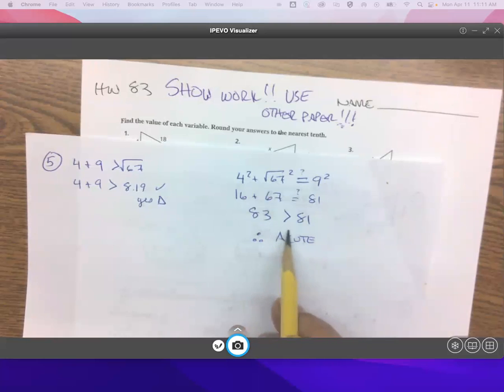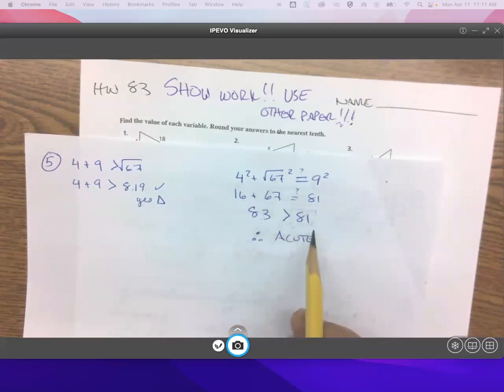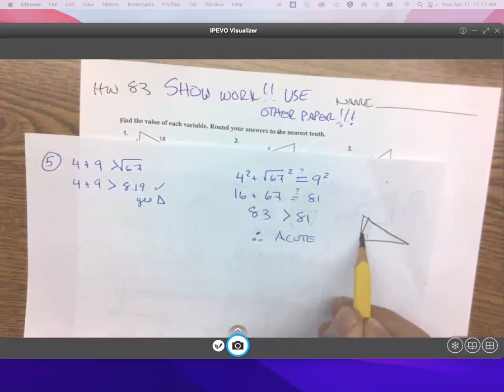And when you see that they don't match up, it's not 83 equals 83 to make it a right triangle, you know it's either acute or obtuse. You can either memorize the formulas that we wrote into our notes, or you look at the hypotenuse. If the hypotenuse is not a right triangle and instead it's a little bit short, like this one is, that means that it's bending in a little bit. Instead of a full right triangle, it's an acute triangle.